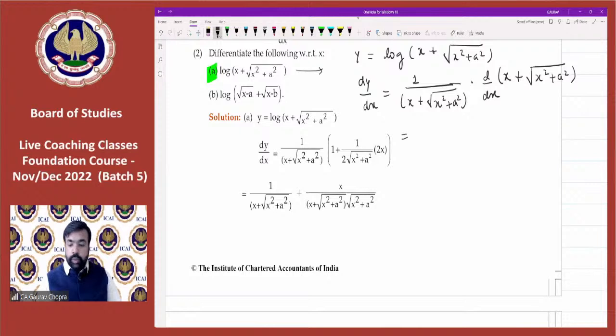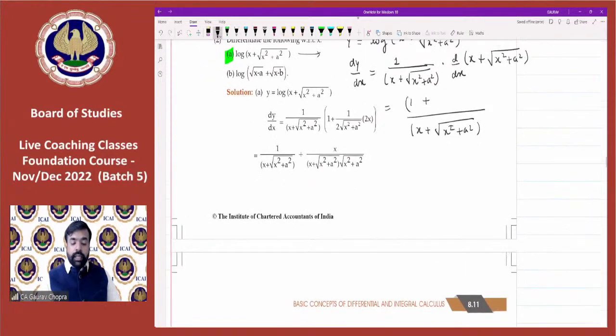So what is the derivative of x? The derivative of x will be 1 plus. Now again we have to find the derivative of root x square plus a square, and the denominator will remain as it is. Now this time we have to calculate the derivative of root of x square plus a square.